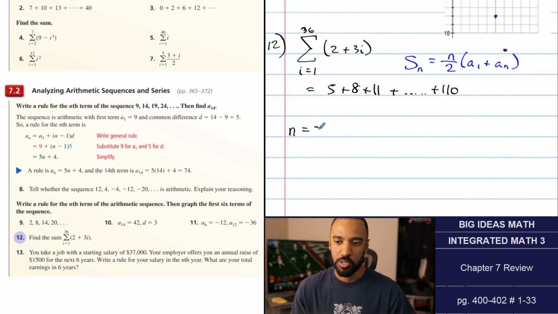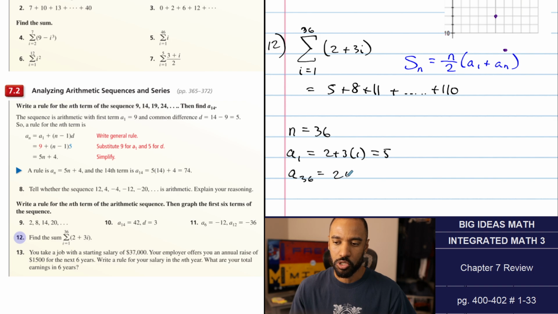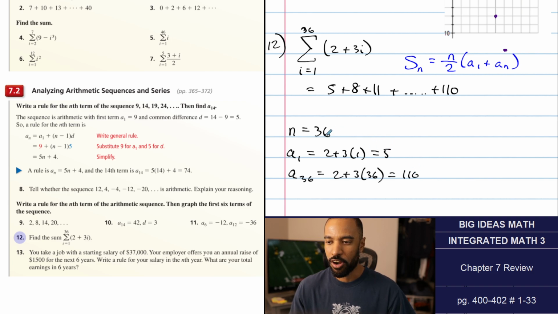Now, the number of terms is 36. Your first term is, again, 2 plus 3 times 1, which is 5. We already have that. And the last term I got here was 2 plus 3 times 36. 3 times 36 is 108. 2 plus 108 is 110. So these are the three variables we need, 36, 5, and 110.